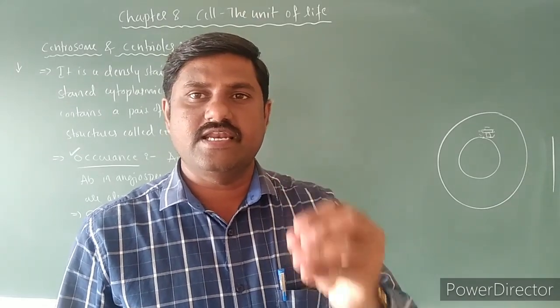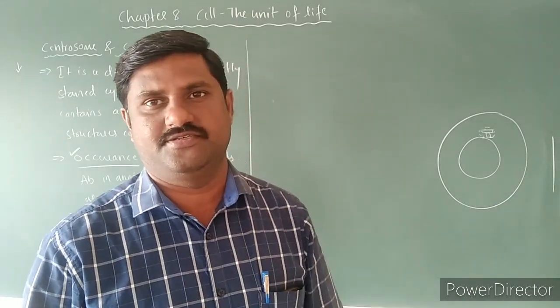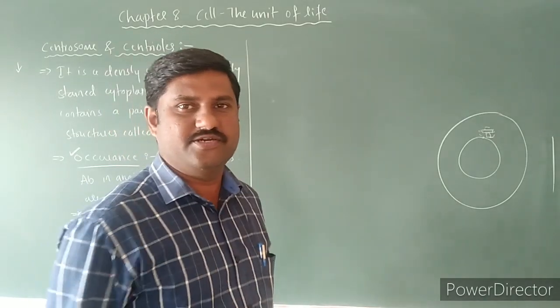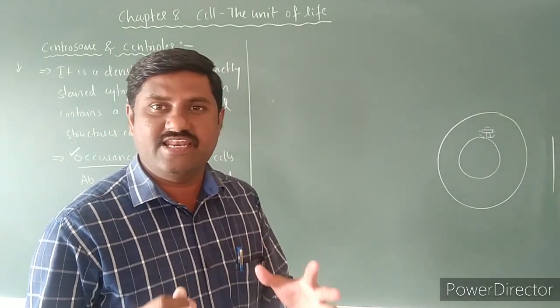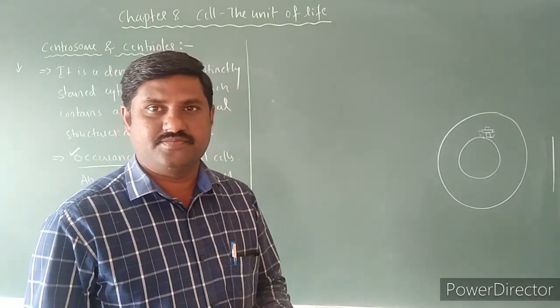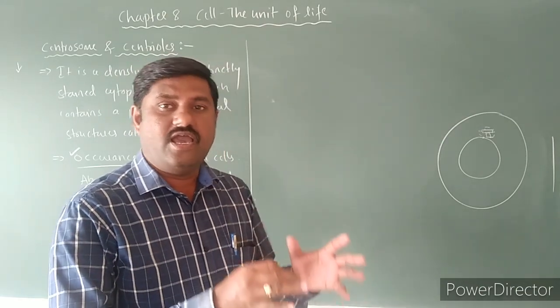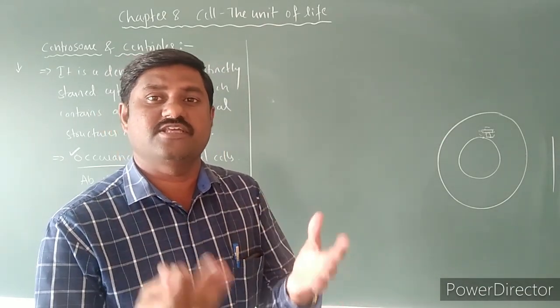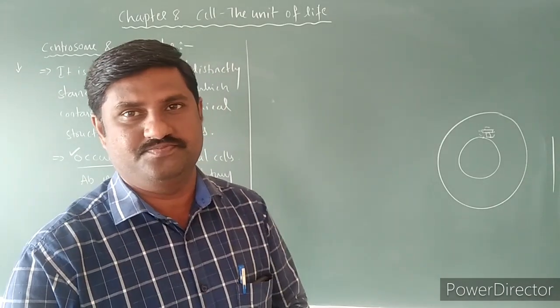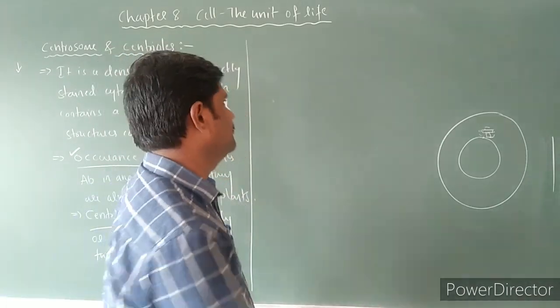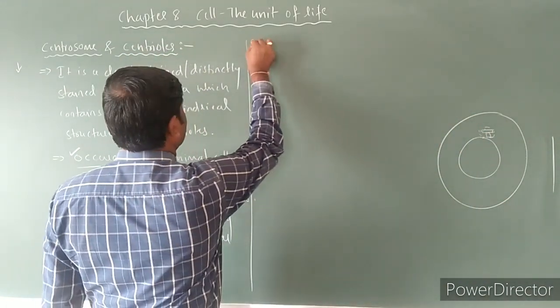In that area there lies a pair of centrioles. I hope it is very clear to you now. What is that area called? Centrosphere. Now centrosphere and centrioles together form centrosome.